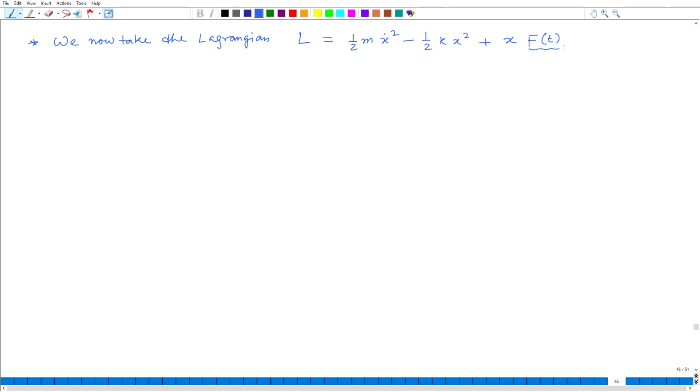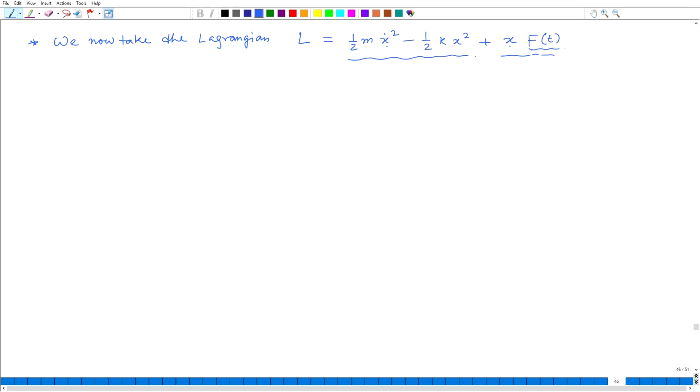Okay. I do not know what f is, but this x is just the coordinate. I am talking of one dimensional motion. Okay. This is actually looking very much like the harmonic oscillator Lagrangian plus something.